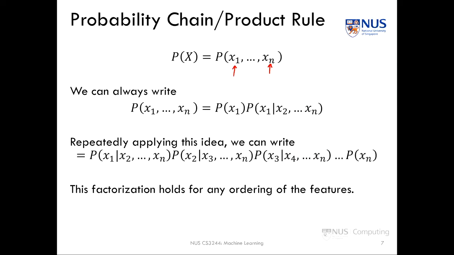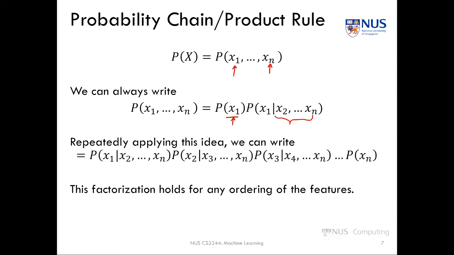These joint probabilities can be decomposed in several different ways. For example, we can take the unconditional probability of x1 having a particular value and condition it on the values of x2 through xn.